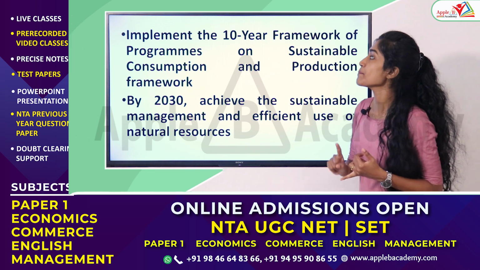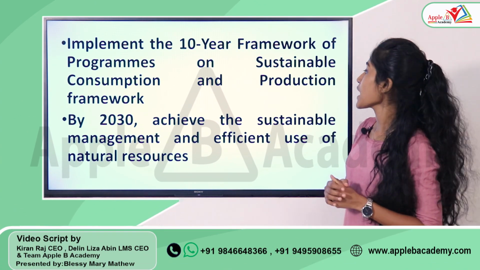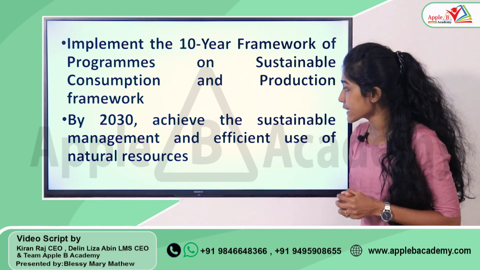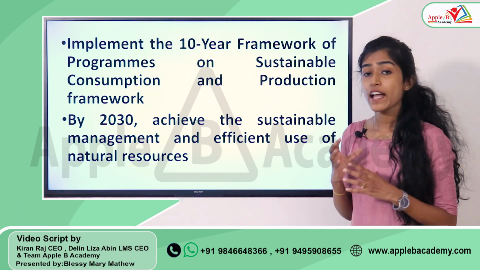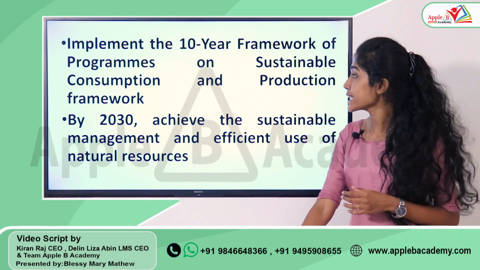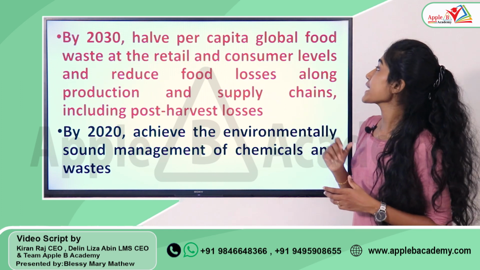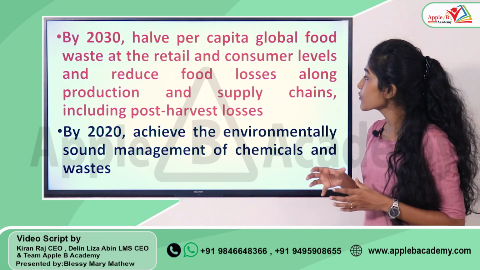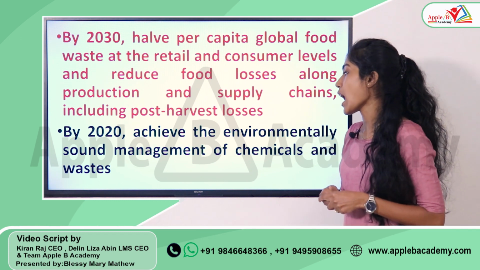The first one is implement the 10-year framework of programs on sustainable consumption and production. So that is the first target. Then we have by 2030, achieve the sustainable management and efficient use of natural resources. And the next target is by 2030, halve per capita global food waste at the retail and consumer levels and reduce food losses along production and supply chains, including post-harvest losses.